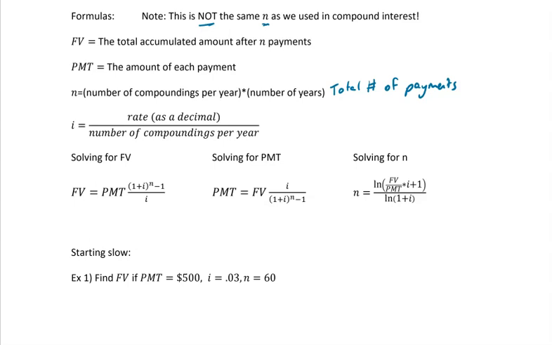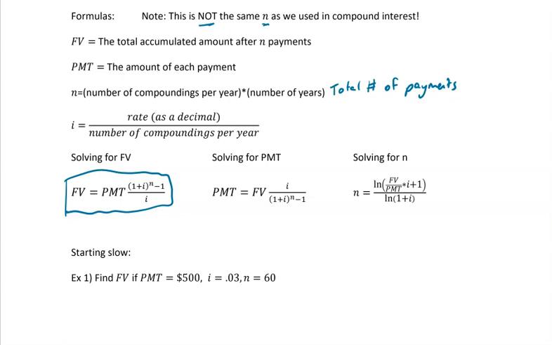All right, then we're going to have three equations for this. These are all the exact same equation. I just already solved for certain things for you. This is the main one for future value; this is the equation you use to actually solve for future value. If you want to solve it for anything else, you have to solve for that variable.